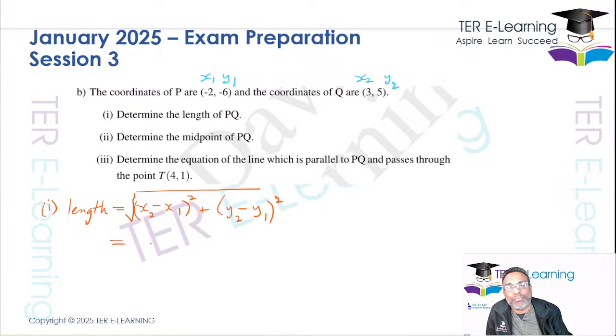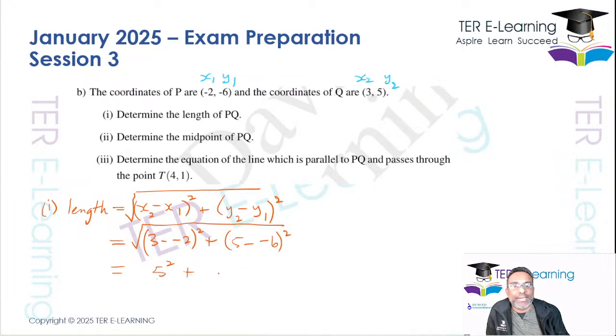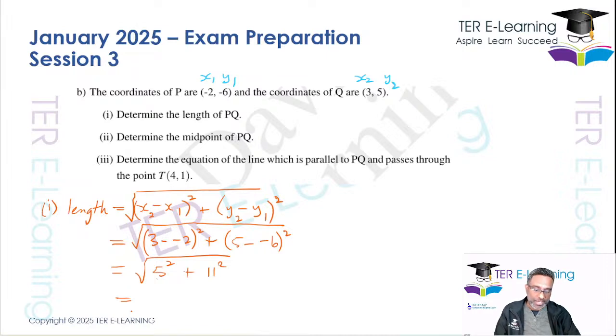So if it's x2 minus x1, it's going to be 3 minus minus 2 squared plus 5 minus minus 6 squared. Now, 3 minus minus 2 is the same as saying 3 plus 2, so that's 5 squared. Plus 5 minus minus 6, that's 11, so that's 11 squared. So when we work this out, this is going to be 5 5s are 25 plus 121.